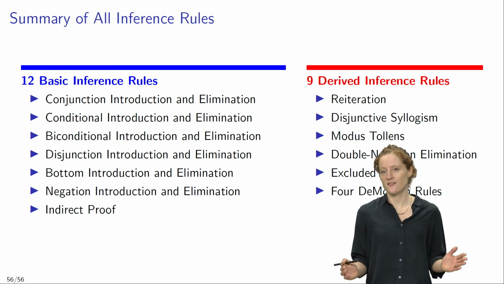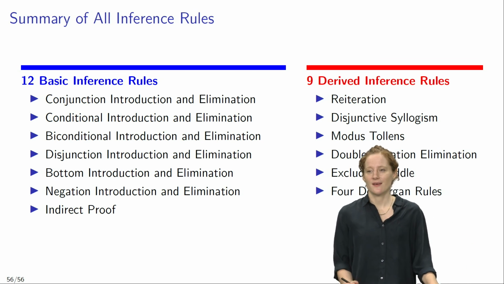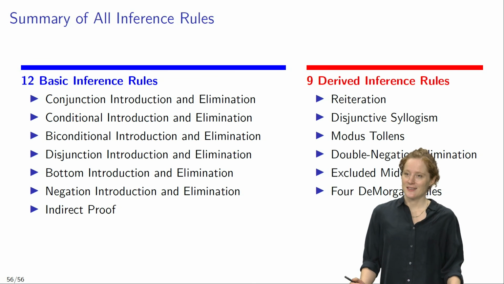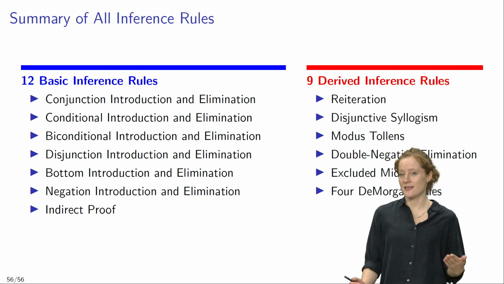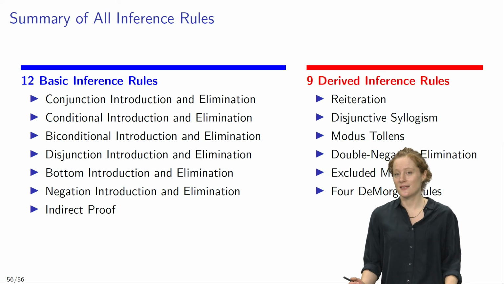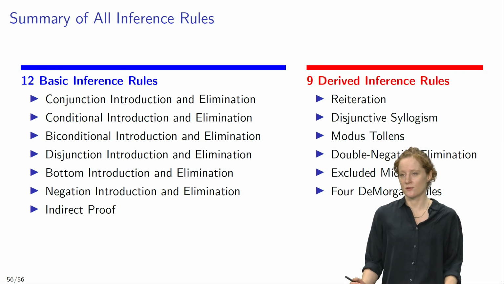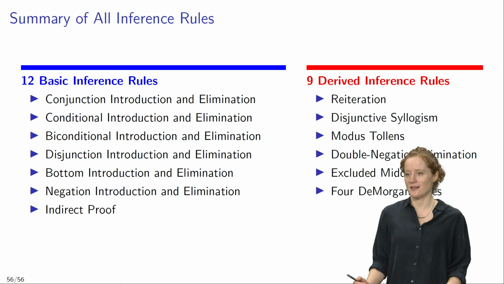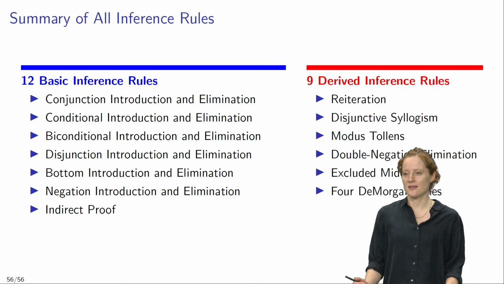So there are 12 basic inference rules. And then we have also seen that we can derive 9 inference rules from these basic inference rules. So that means that in addition to our 12 basic inference rules, we also have 9 derived inference rules. And then we studied 3 main proof strategies that allow us to construct proofs using these rules.